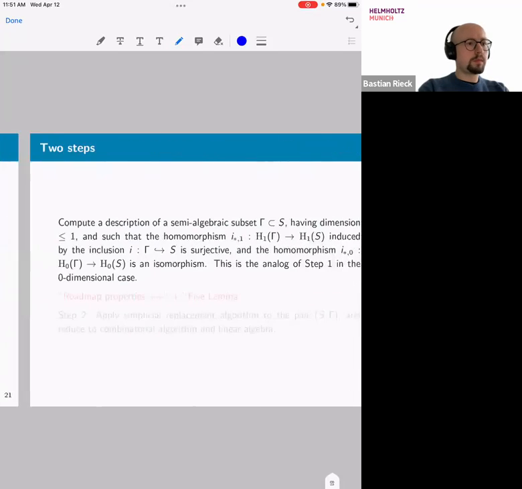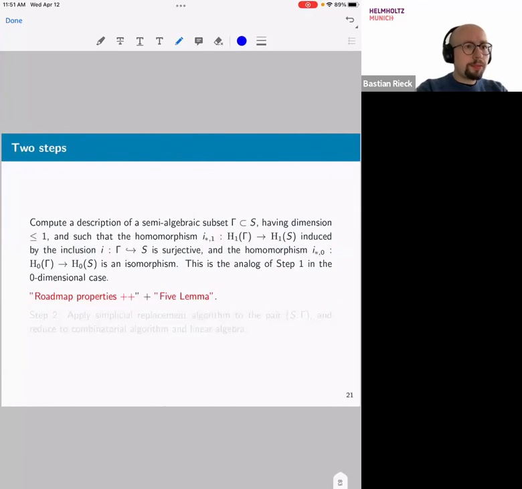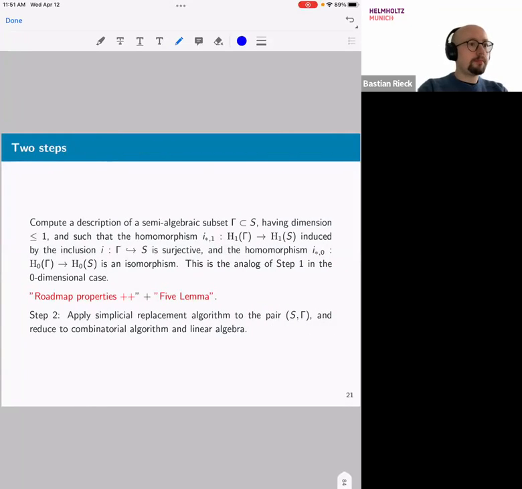And in step 2, we choose a basis of the H1 of this gamma, and then we have a way of producing a basis of H1 of S from this basis of H1 of gamma.